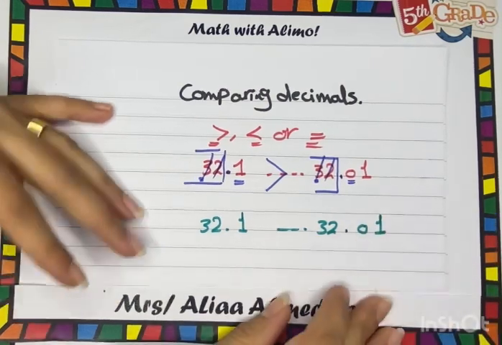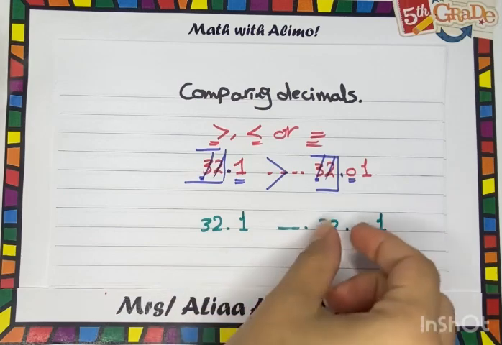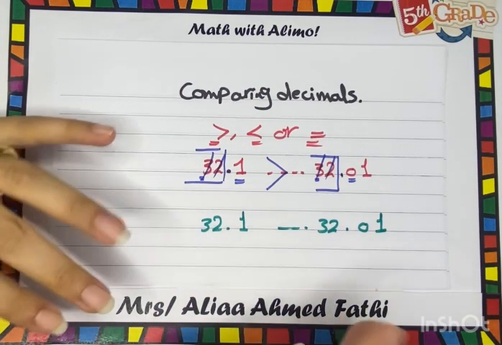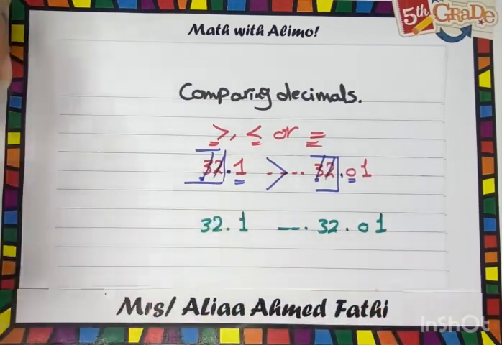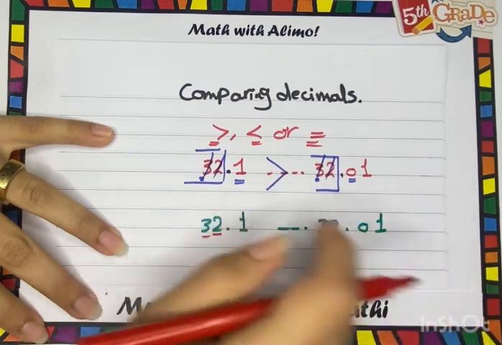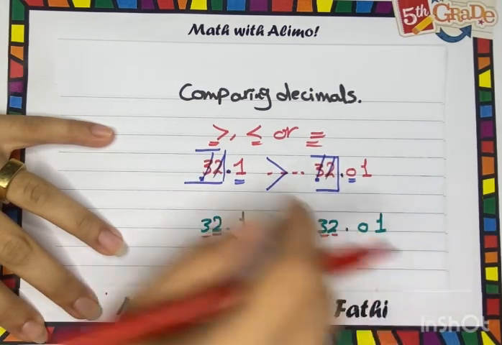Okay, and we have another way: we can make balance before comparing, like 32.1 or 32.01. Balance means equal number of digits in both sides. Now how many digits do we have in the whole side? We have 2 digits and there we have 2 digits, so they are balanced. We have 32 and 32.